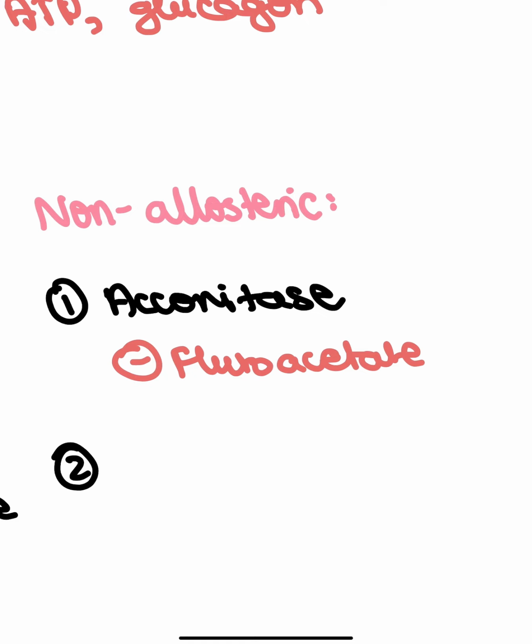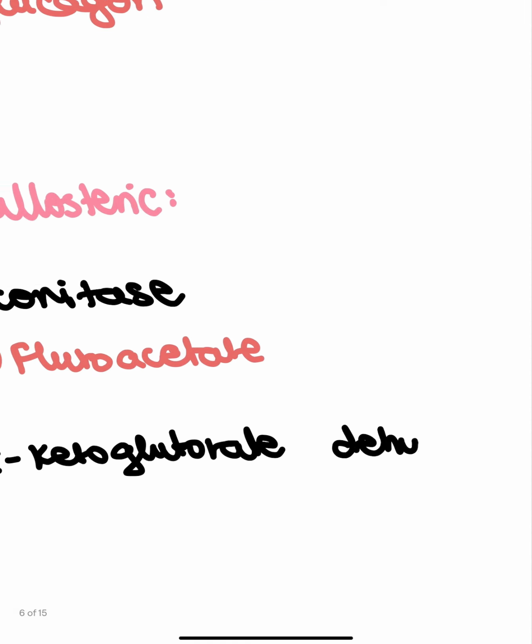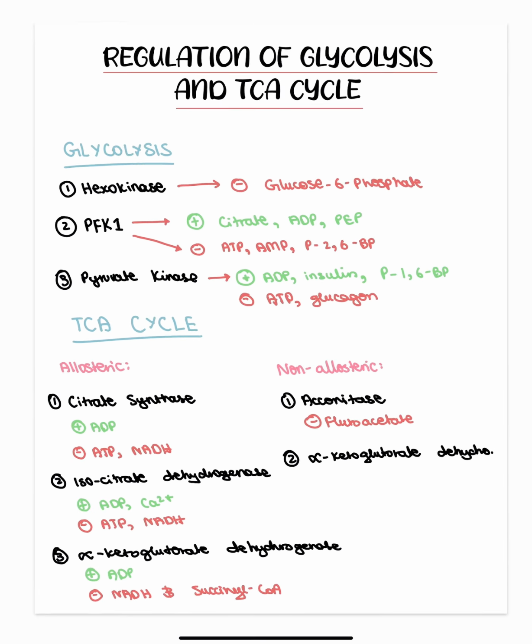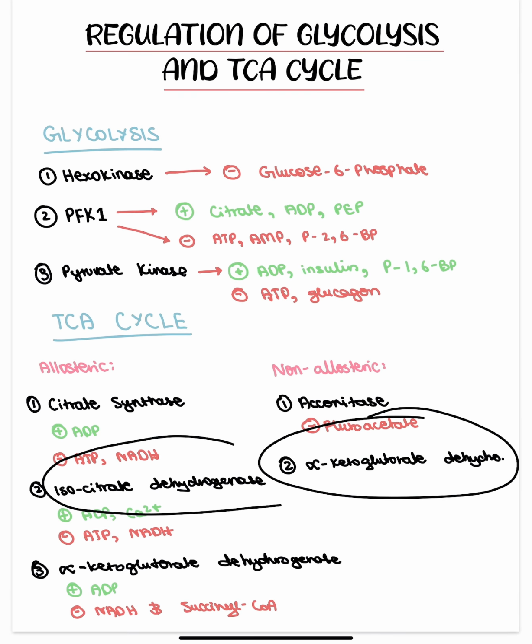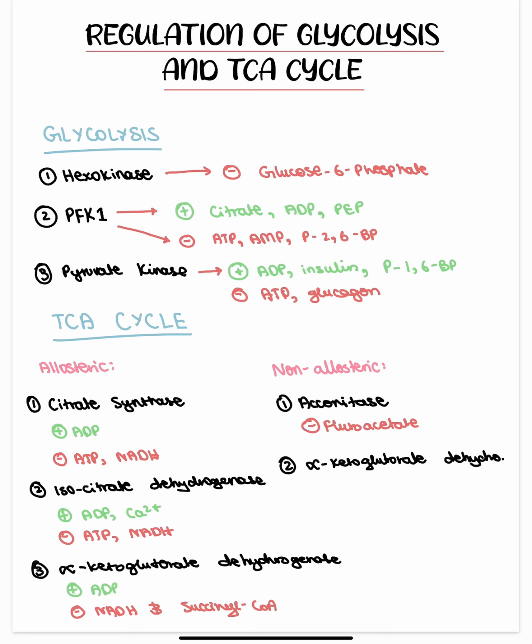And the second one that I want to talk about is alpha ketoglutarate dehydrogenase. Now you might be thinking, if alpha ketoglutarate dehydrogenase was here, why is it here as well? Well, it's because it has non-allosteric inhibiting sites as well. Even though it does have this stimulatory thing here, non-allosteric doesn't always mean that.